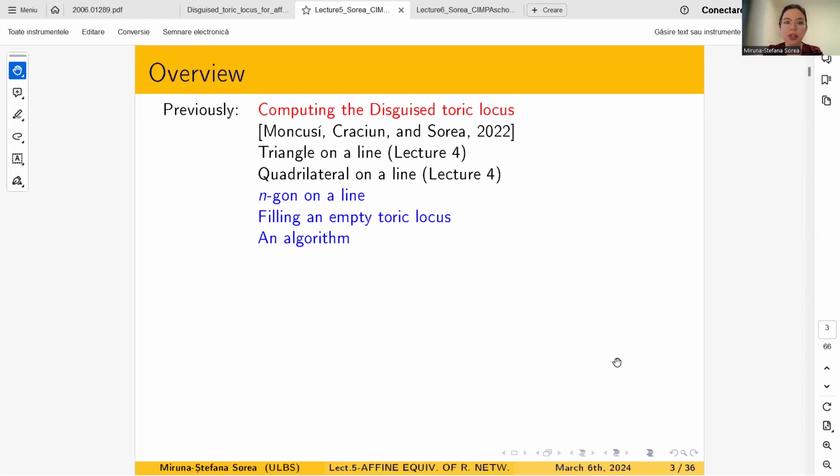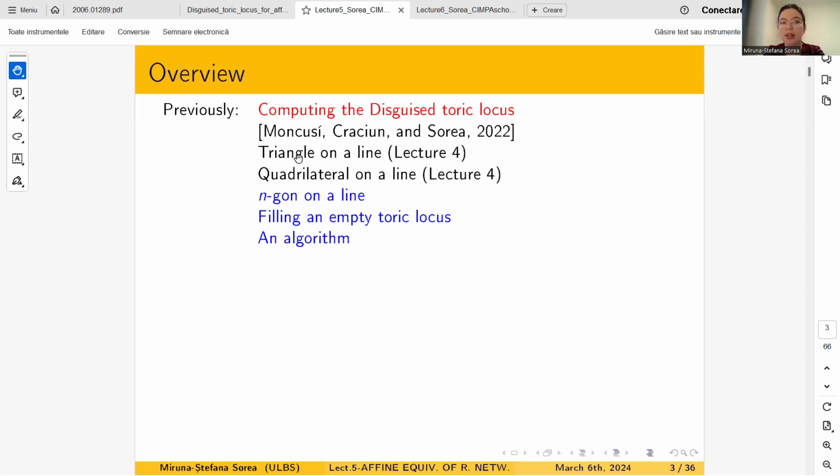That was one of the goals. And previously we saw for the triangle on a line how to compute the disguised toric locus. We saw that the toric locus was a dimension 1 variety, but intersected with the positive orthant.